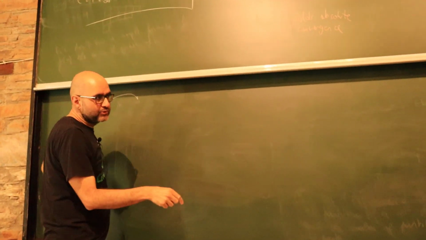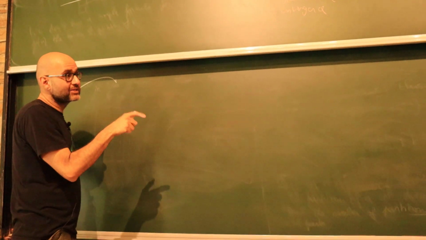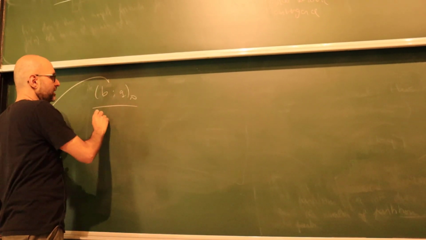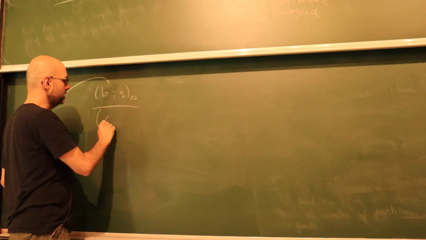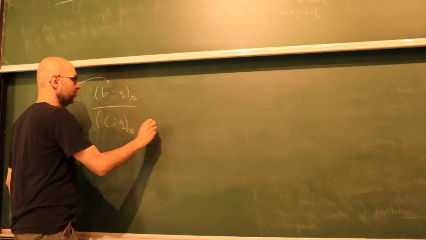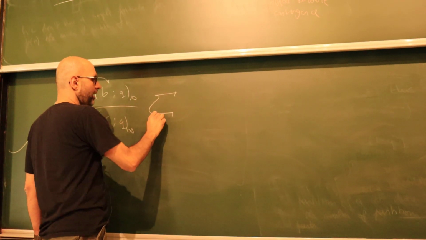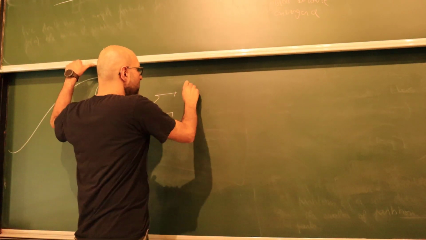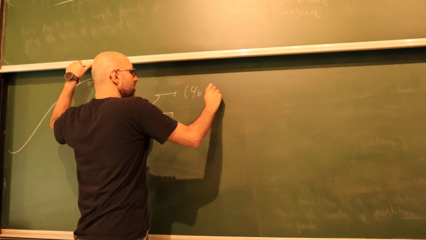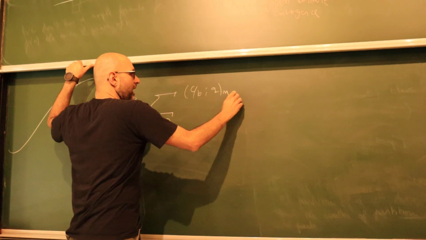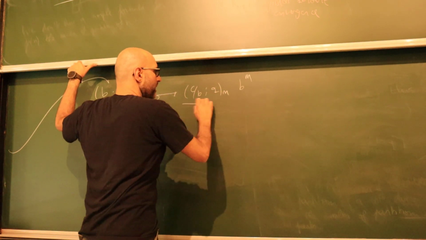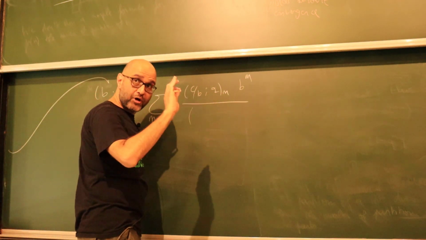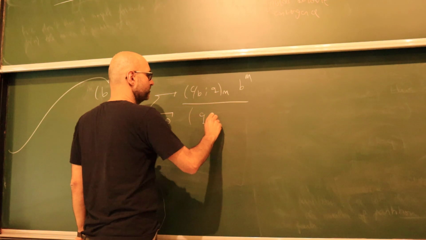Write everything up to the last summation, the inside summation. B sub infinity, C sub infinity, m greater than or equal to 0, C over B sub m, B to m. Bear with me for a moment, we are almost there.